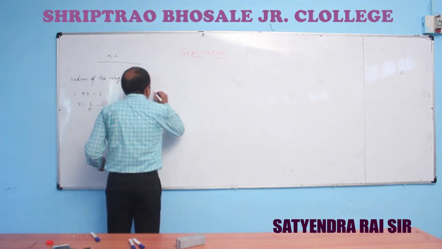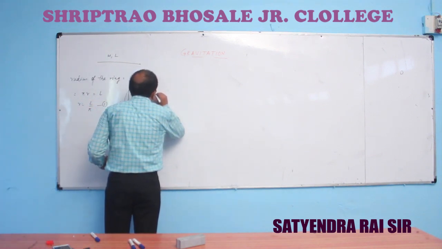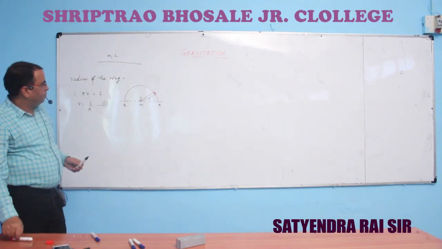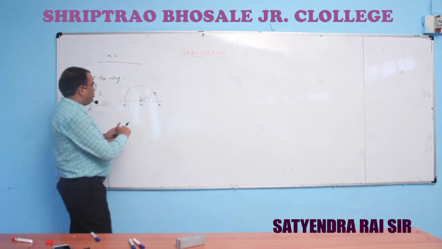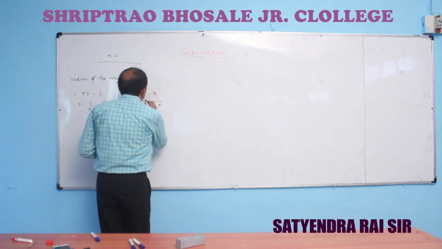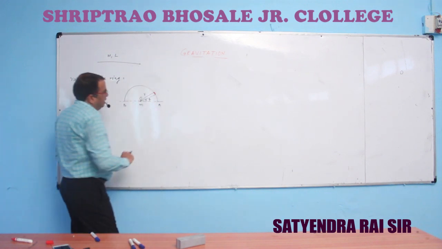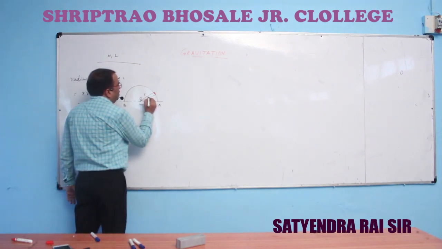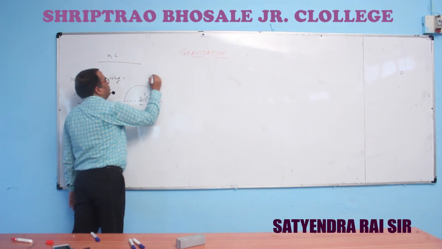This is the small element. I'm just marking it in red color. Say this element subtends an angle theta from the x-axis, and the element subtends an angle d theta.